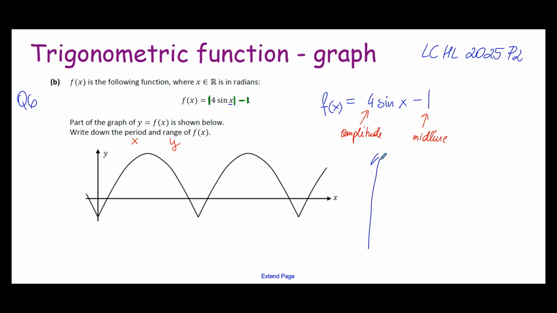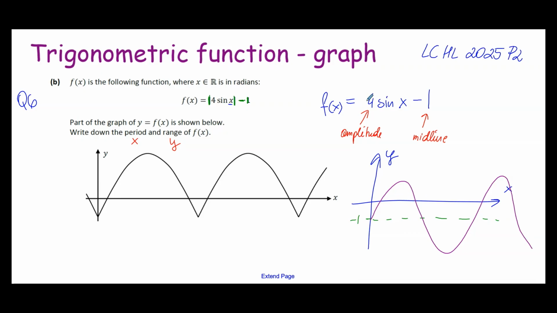That means that on my x and y axes, where I have -1 here, let's say, my graph will be going around that line. That will be in the very middle. And considering that it's a sine function, it will look like that. That's normally how we will look at it.